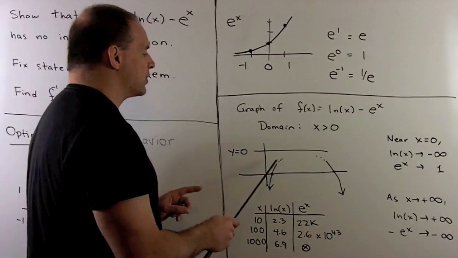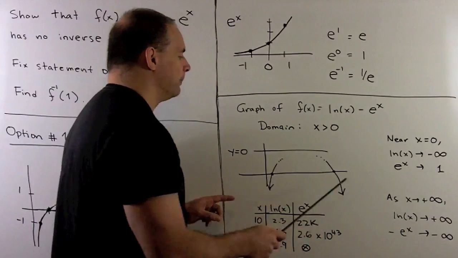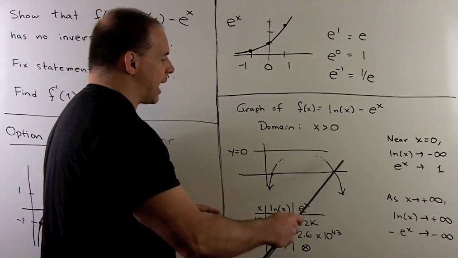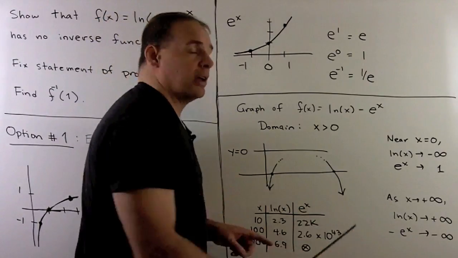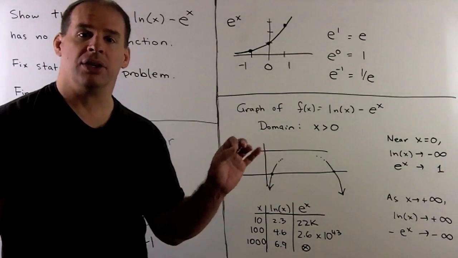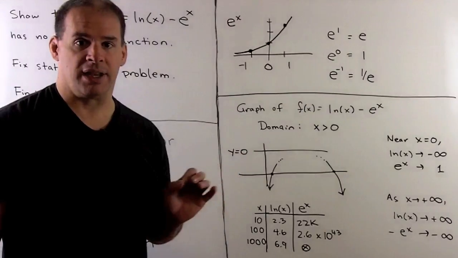Now you'll note if I have something pointing downwards near x equals 0, and as I go off to infinity, we're going to have sort of a bowl shape, and we're not sure what's happening in the middle. But just from the end behavior, we know that we're going to have a horizontal line somewhere that cuts the graph in at least 2 points or more. So we're going to fail the horizontal line test.